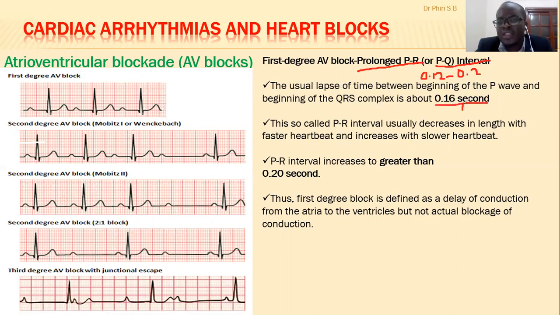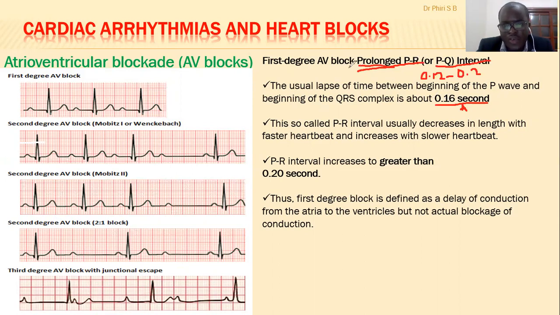So the average time for the PQ or PR interval should be 0.16. In first degree AV blocks, there is a prolonged PR interval. Here you have consistently prolonged.